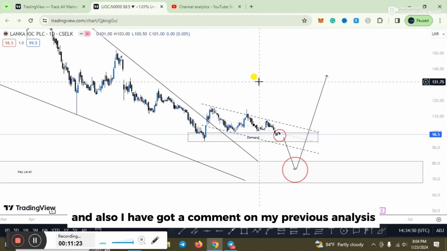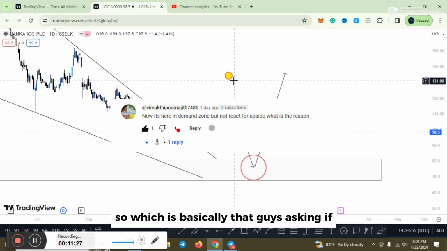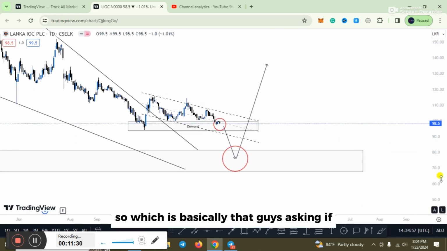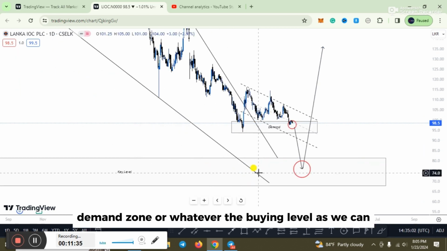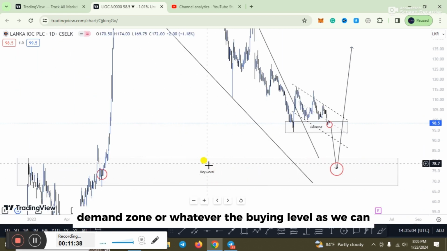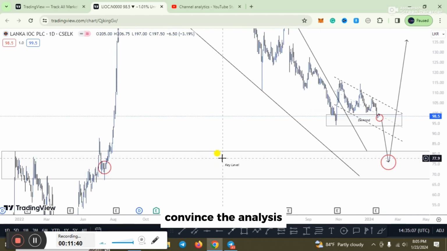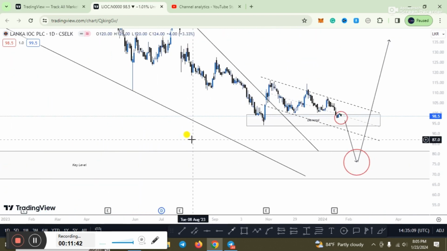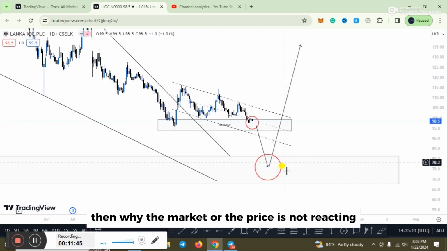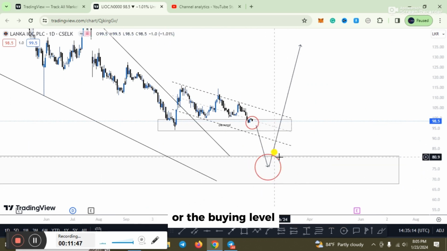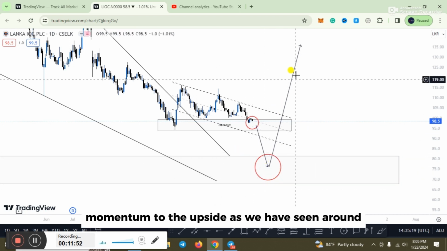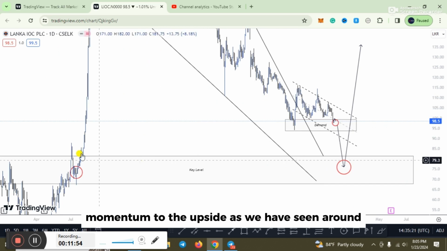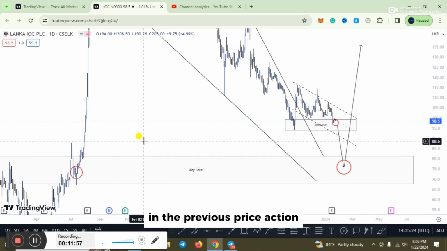Also, I got a comment on my previous analysis, where people are asking: if the price is on a major demand zone or buying level, and we can justify the analysis based on price action, then why is the price not reacting over the buying level, and why are we not seeing bullish momentum to the upside as we saw in the previous price action?